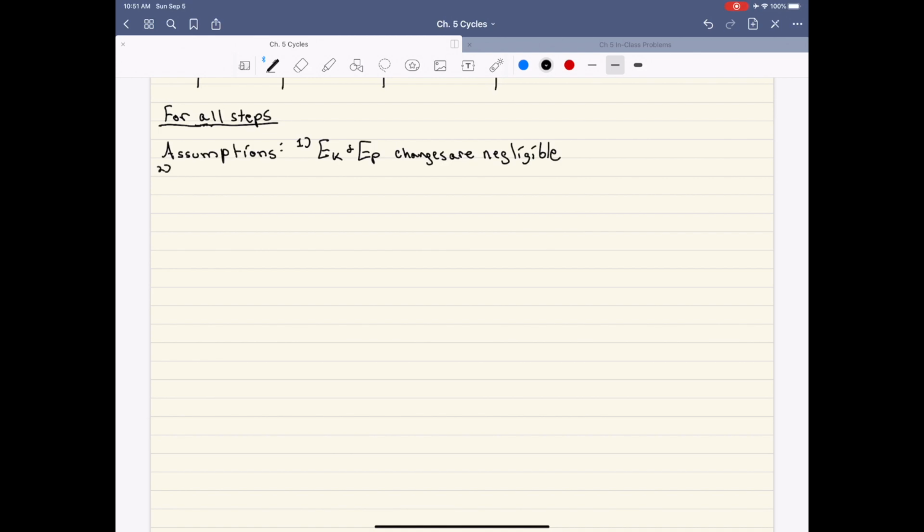The gas that we're dealing with, we're going to assume it's an ideal gas. And also, each of the steps in this cycle, we're going to assume that they're reversible, right? No entropy is going to be generated, and the system's essentially going to be at equilibrium at all times.